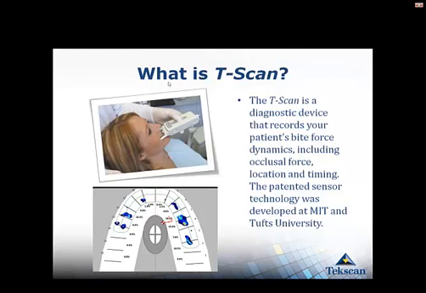So what is T-Scan? You can see it here on the screen if you haven't seen it in person before. It's a diagnostic device that records your patient's bite force dynamics. So it looks at occlusal force, timing, and location. The sensor that the patient actually bites down on was developed at MIT in Boston and Tufts, right here in Boston.